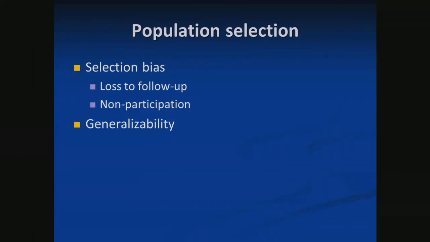So for example, if I'm studying socioeconomic status and heart disease, and those who drop out are more likely to be poor and have heart disease, that's when I have real problems. So then the people that are left that are poor are the hardier people that did not have heart disease. They're no longer representative of the general poor population, right?